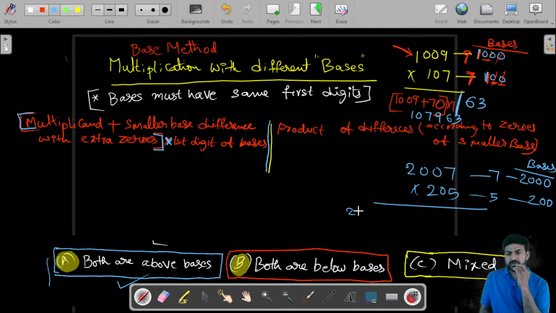So 2007 plus 5 with extra zeros. What is extra? Here bigger base has 3 zeros, smaller base has 2 zeros. So the difference is 1 zero. You have to add 1 zero here. That's it.